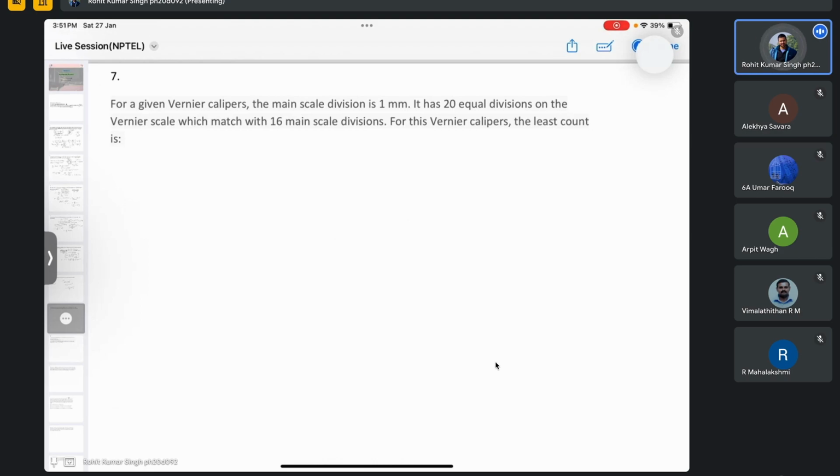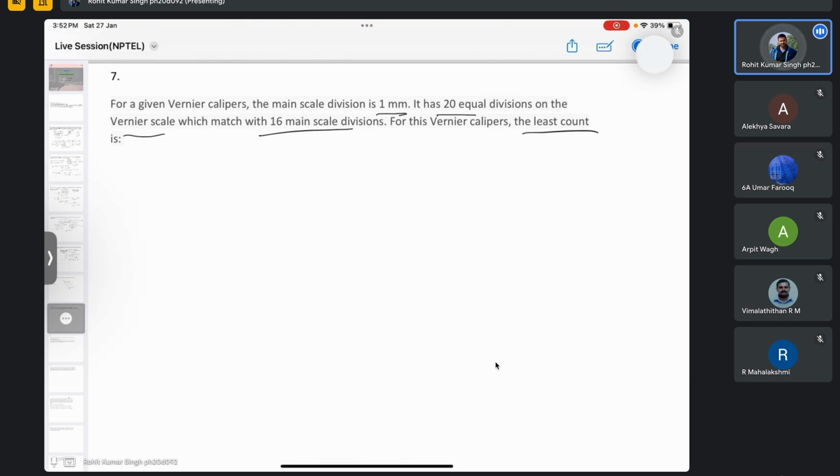So here the question is, for a given vernier caliper, the main scale division is 1 mm. It has 20 equal divisions on the vernier scale, which matches with the 16 main scale divisions. So you have to find the least count for this vernier scale.